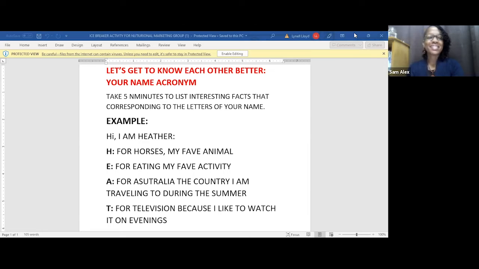A is for agave because I am a health enthusiast and a health coach, and I use agave as a sweetener instead of sugar. It has a low glycemic index. It's healthier. And M is for mushrooms because mushrooms are one of my favorite foods, which I eat almost every day. I feel as if I can't do without mushrooms. So these are my acronyms.